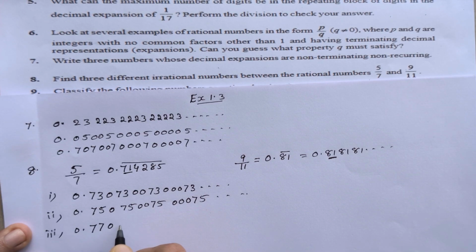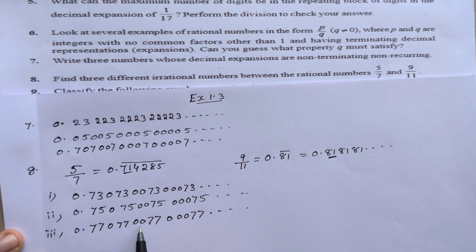Take the same way: 0, then 77, 0, 0, 77, 0, 0, 77, etc. Here 77 is not repeating. Next time it is coming 077, after that one more 0 there. So it is not repeating the same way.